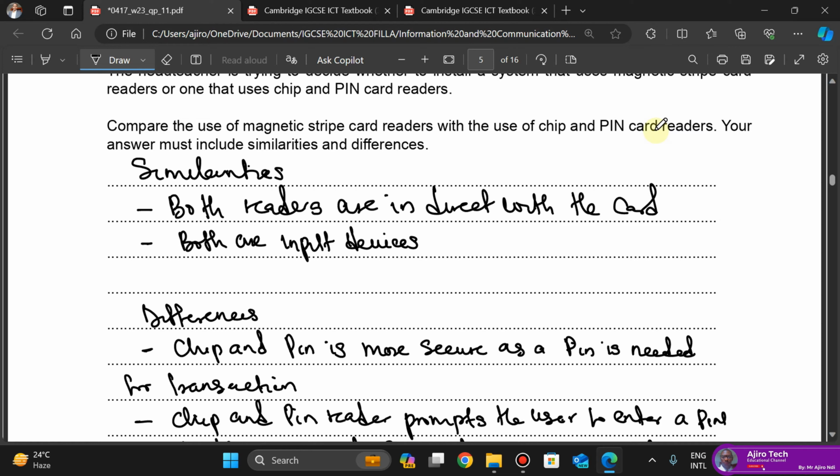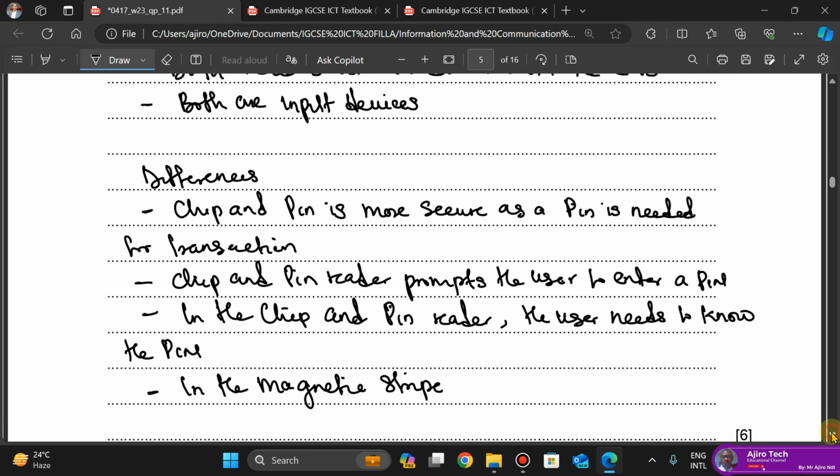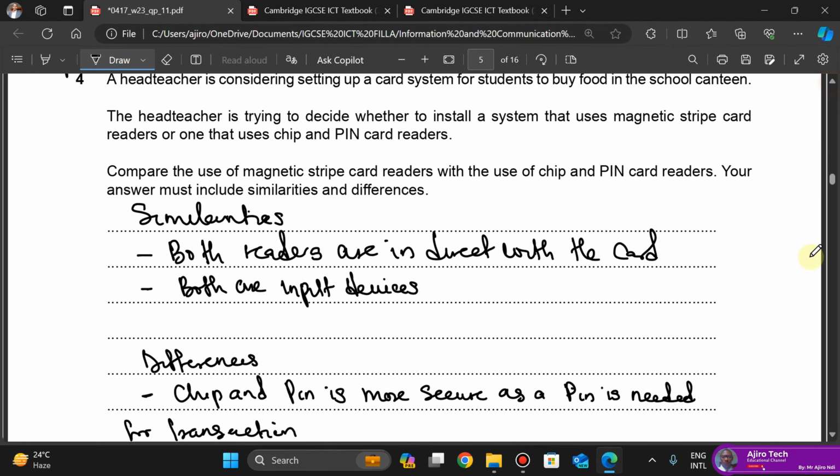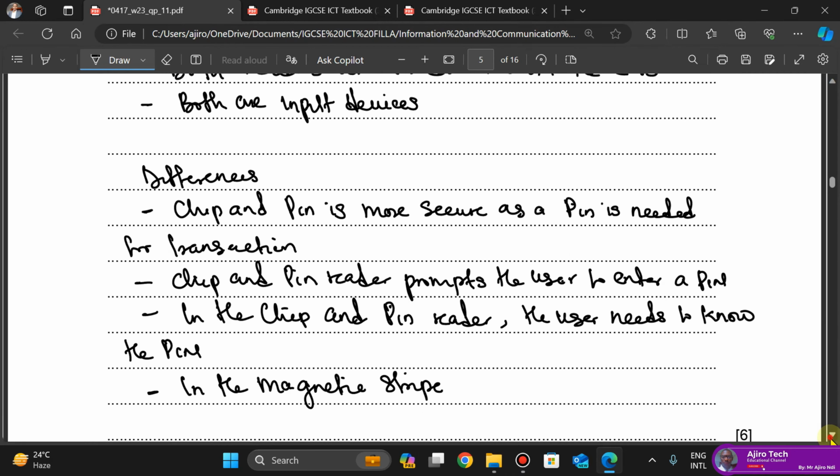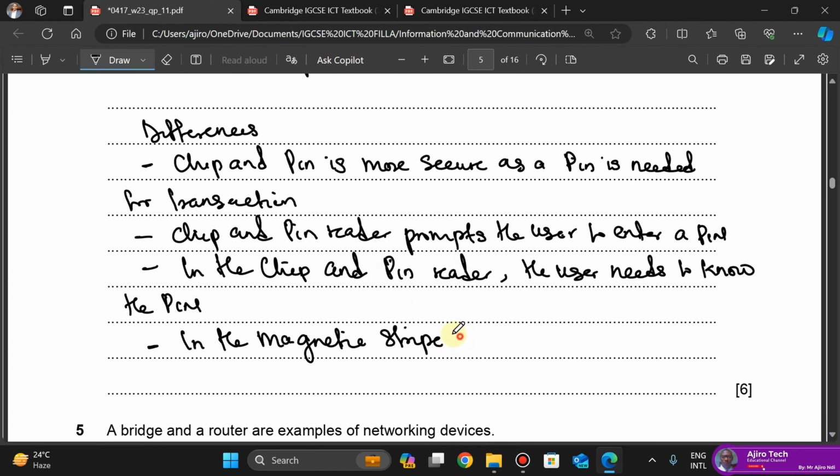Again, the readers for chip and pin, like I said, are more secure. It is going to prompt you for your pin, the pin is needed for transactions, and of course the user needs to know their pin. Okay, for the magnetic stripe card readers, the card can be used by anyone.